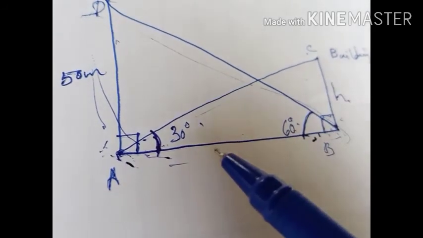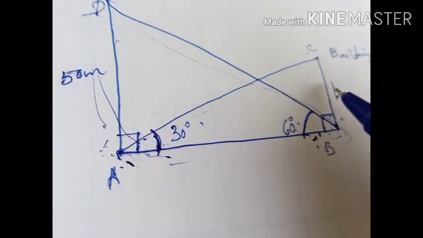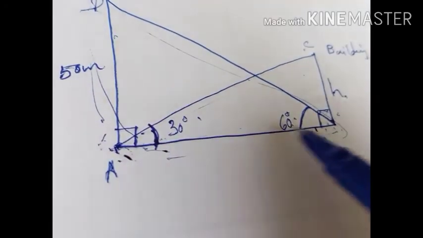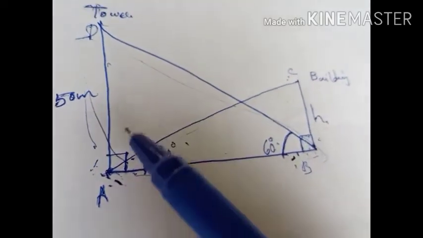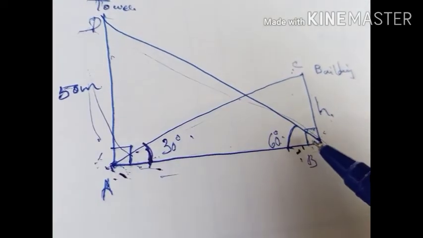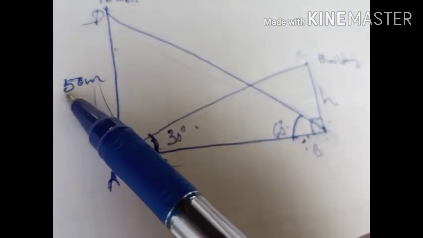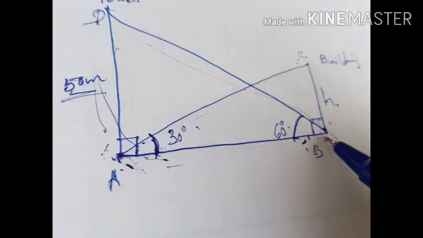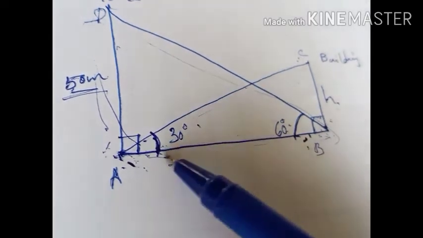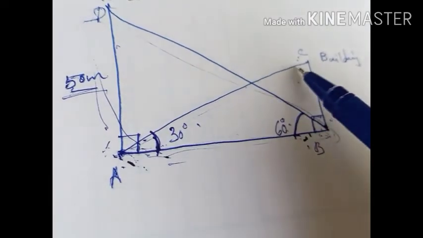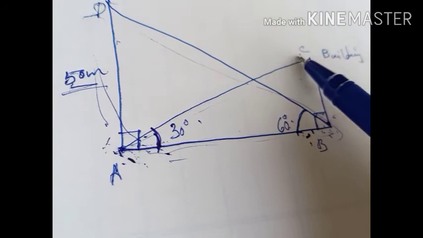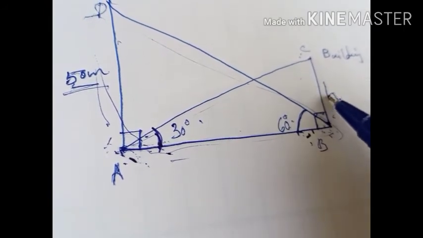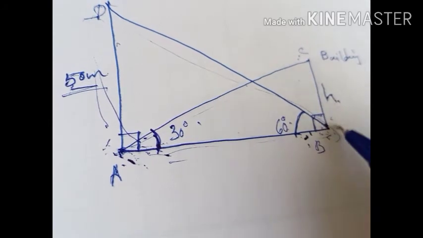Then using AB we can find the value of H from the right triangle ABC. First we can consider right triangle BAD using the given value 50 meter, and find AB. Then after getting AB, we consider right triangle ABC and find the value of H, that means height of the building.